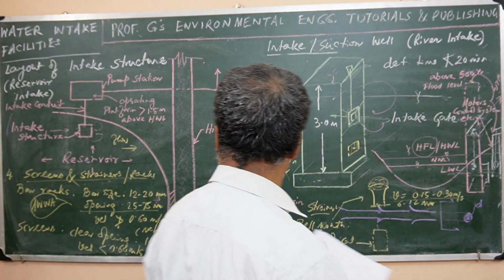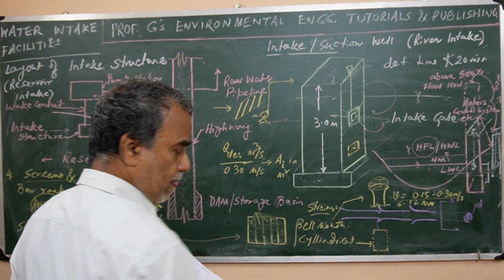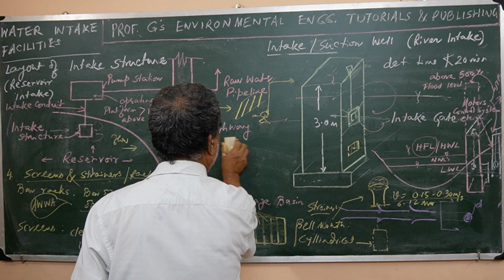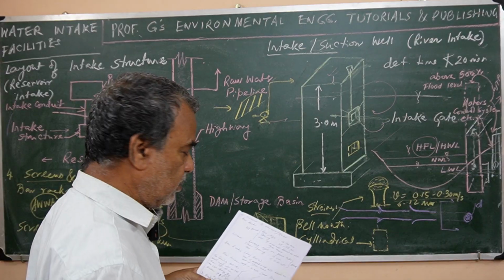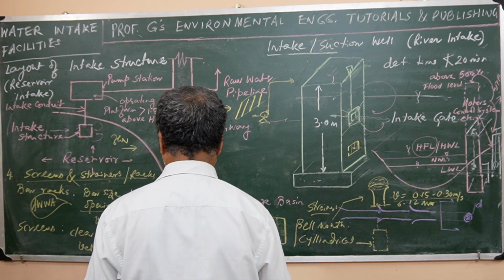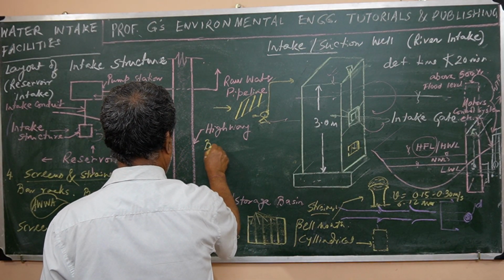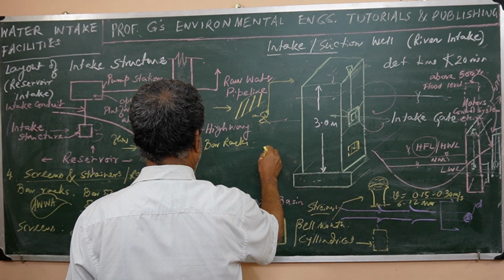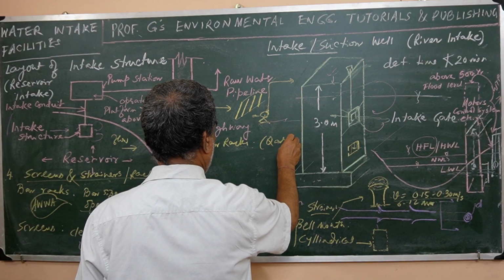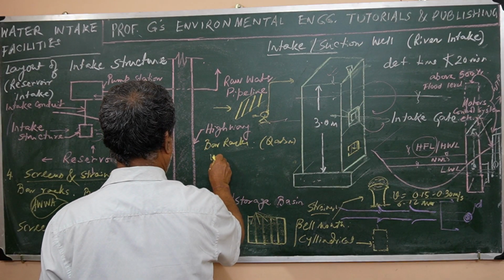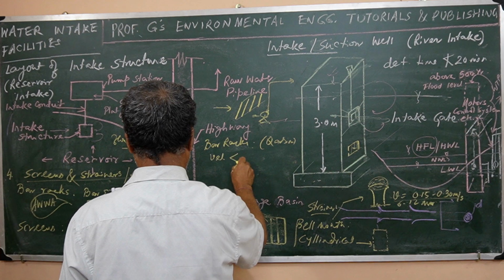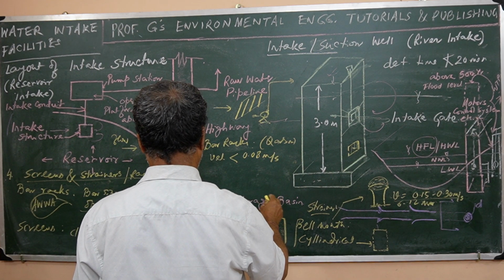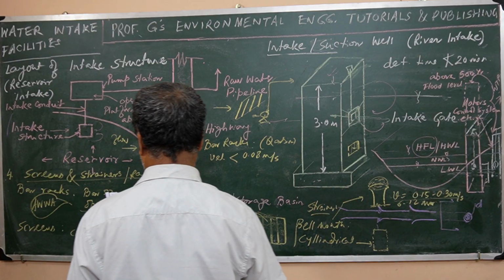Now according to Qasim's book, I am creating space over here. So Qasim recommends, Qasim's book rather, that for bar racks, that is Qasim, that is velocity, based on a net or open area also.